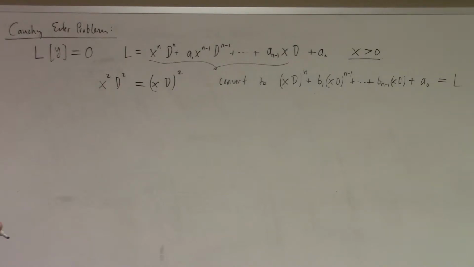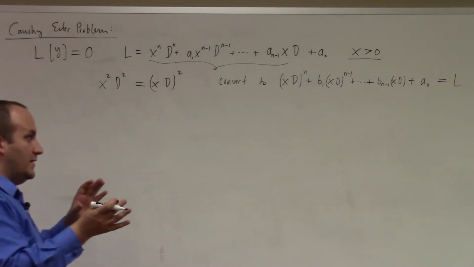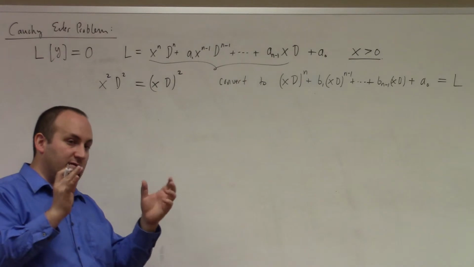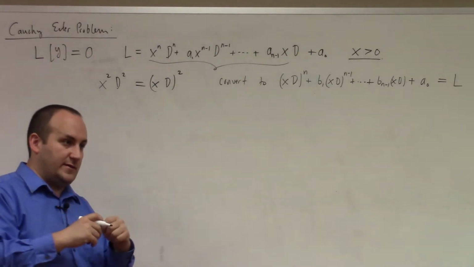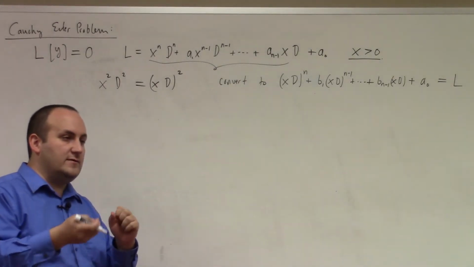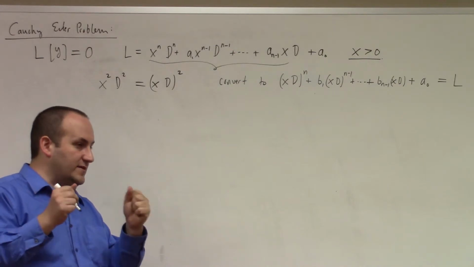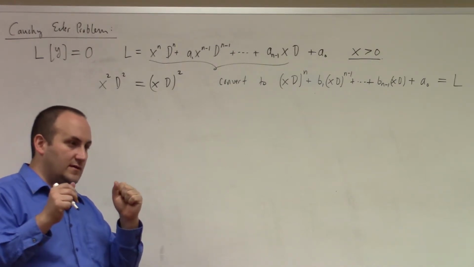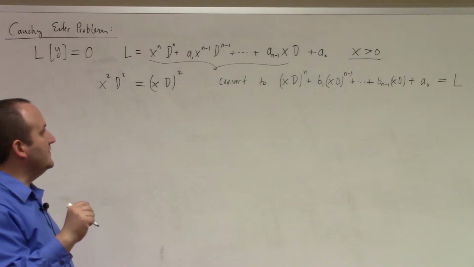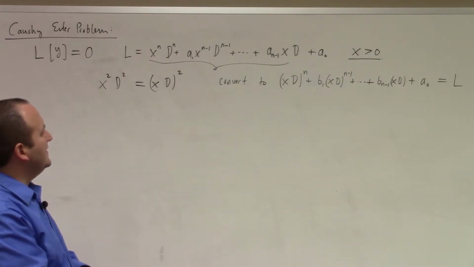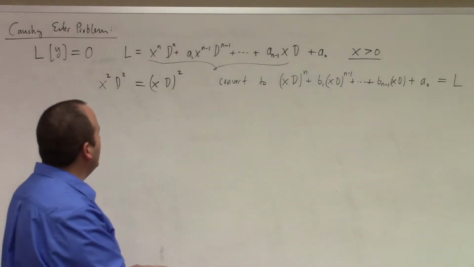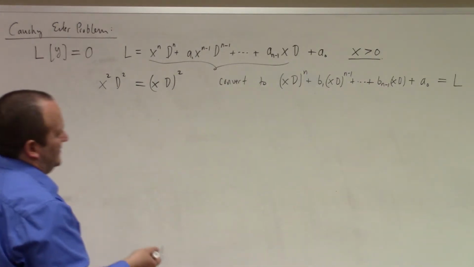Or if you could write your differential equation in terms of a couple of operators and those operators commute, you could still get away with it. That's why you can combine Cauchy Euler problems and constant coefficient problems, because I believe d commutes with xd. I could be wrong about that, but there's more that could be done here.